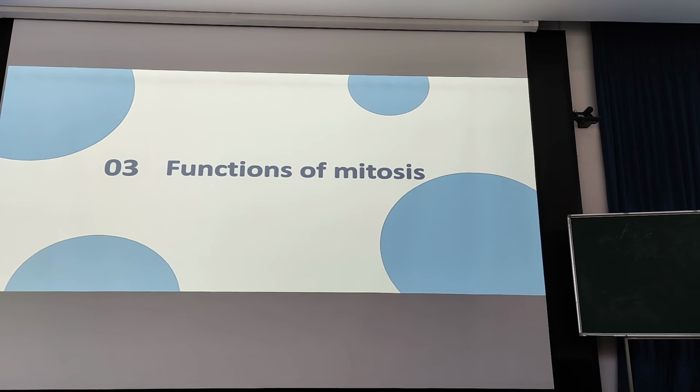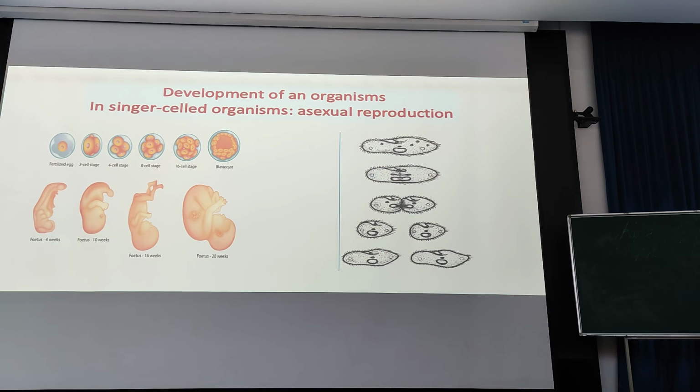The next part is some functions of mitosis. In the first question, I asked how the cell becomes a baby and how the baby can become an adult. So this is the answer: the function of mitosis is in the development of an organism, and in single cell organisms it is the process of asexual reproduction.